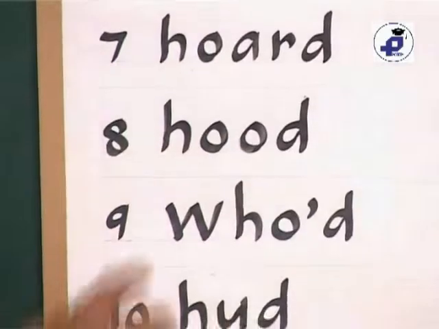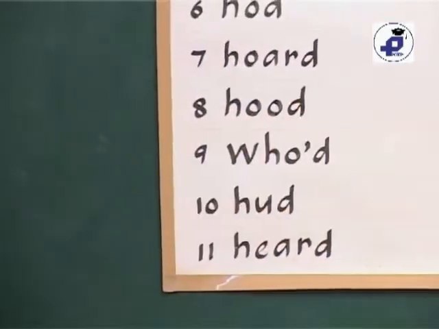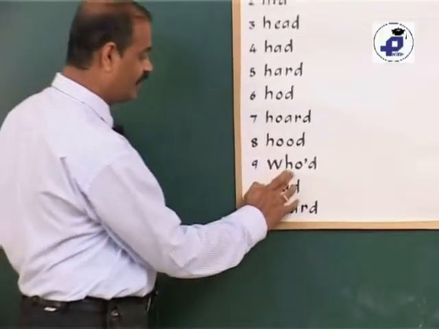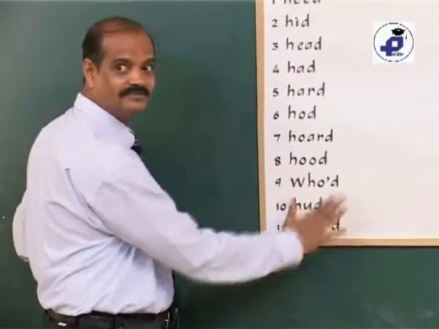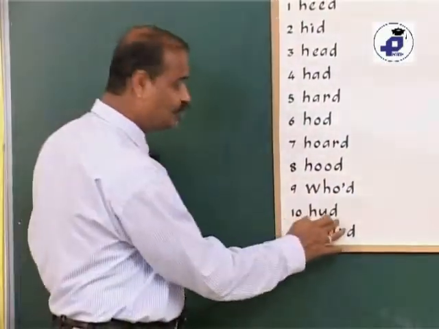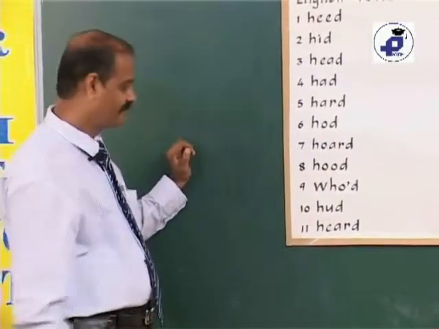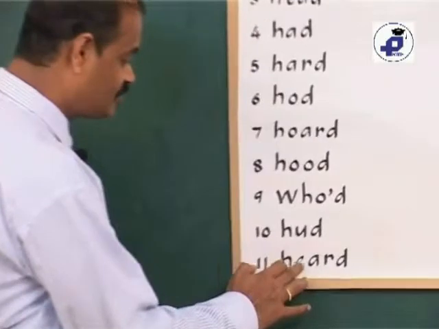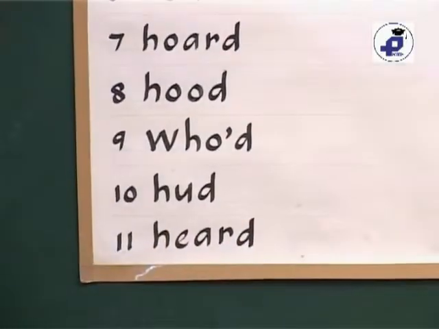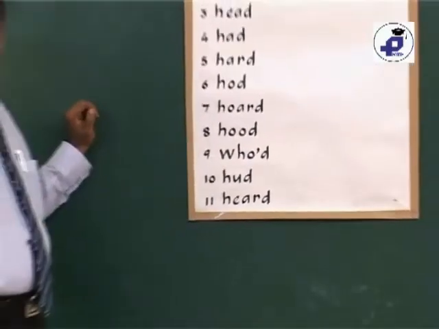Here it is H-O-O-D, hood, the oo sound comes, oo is the vowel sound. Here it is W-H-O-D, the hod sound comes. Then here it is H-U-D, hud. Then here it is H-E-A-R-D, if you block H and D, it is heard. Heard is the sound, that elongation comes.